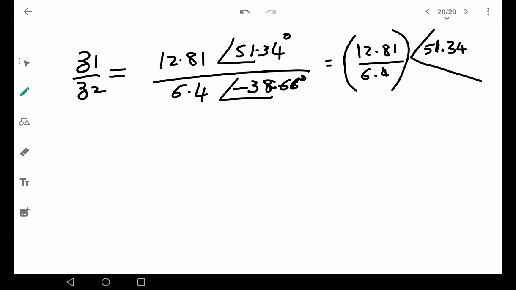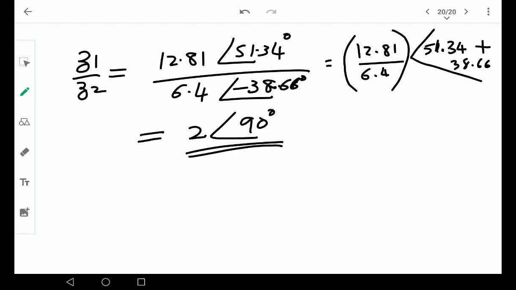Minus of minus is plus 38.66. So that will come around 2 angle 90 degrees.